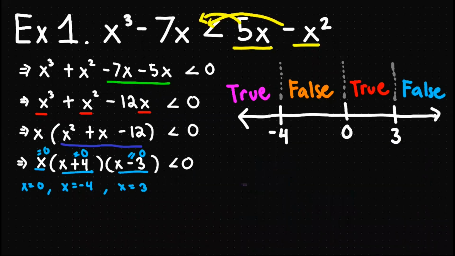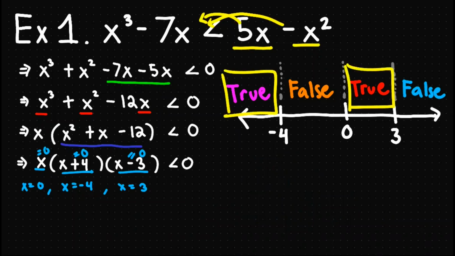Now that we are done with every region, we inspect which regions out here are true. Clearly, it's just this first region and this third region. Therefore, we can conclude that x is either less than -4 or x is between 0 and 3.